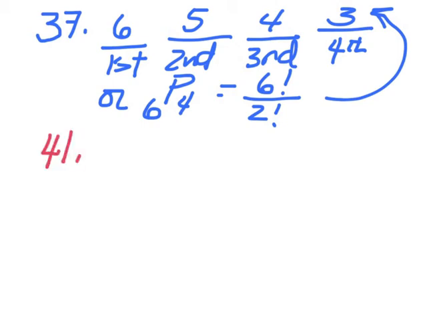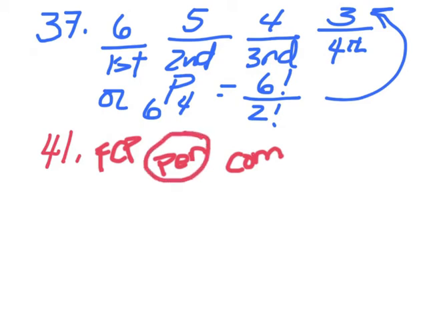So why don't you try number 41? It says, from a club of 20 people, in how many ways can a group of 3 members be selected to attend a conference? So is it fundamental counting principle, permutation, or combination? Which one is it? That's right.